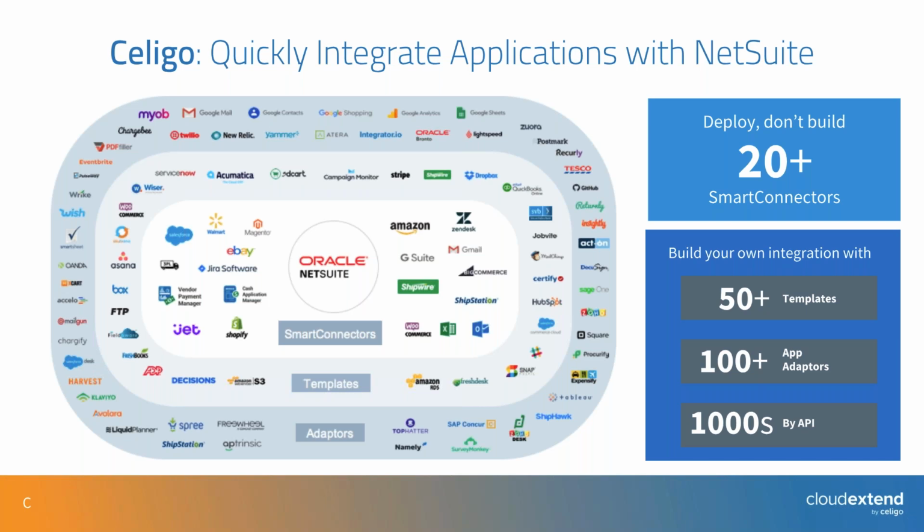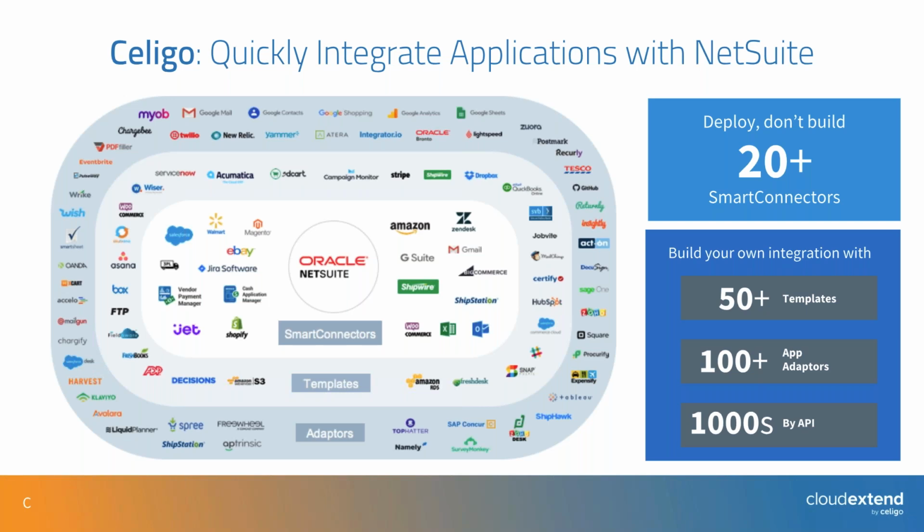These are the pre-built integrations, the most popular integrations between things like Salesforce and NetSuite, Salesforce and Shopify. We are vertical agnostic. We have connected to just about everything you can imagine in terms of the banking integrations, cash application manager, vendor payment manager, EDI, 3PL, Amazon FBA. So we're very, very well known inside of the NetSuite ecosystem.